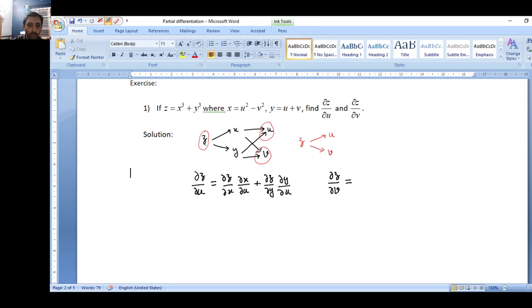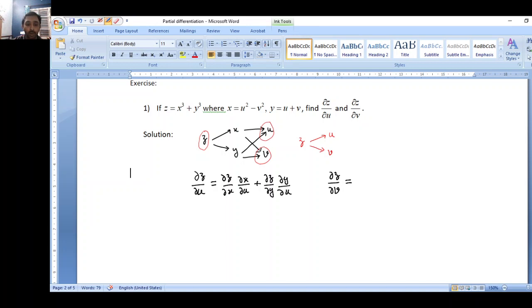So z depends on u, and we are supposed to find dou z by dou u. As we can see here, z is given in terms of x and y, and x and y are given in terms of u. Accordingly, z with respect to x has to be differentiated first, and then x with respect to u has to be differentiated, and likewise z with respect to y has to be differentiated, and y has to be differentiated with respect to u.